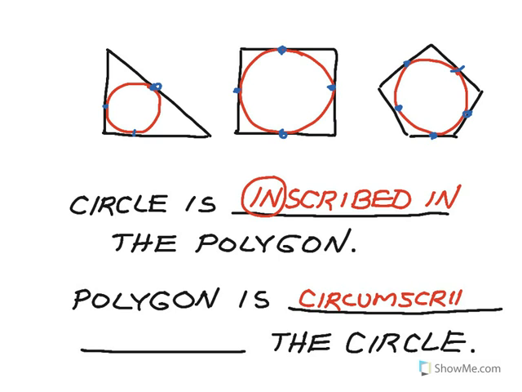Again, it goes around it, so I use the "cir" to remember that. Polygon is circumscribed about the circle. Okay, so that concludes the vocabulary and concepts related to tangents of circles.